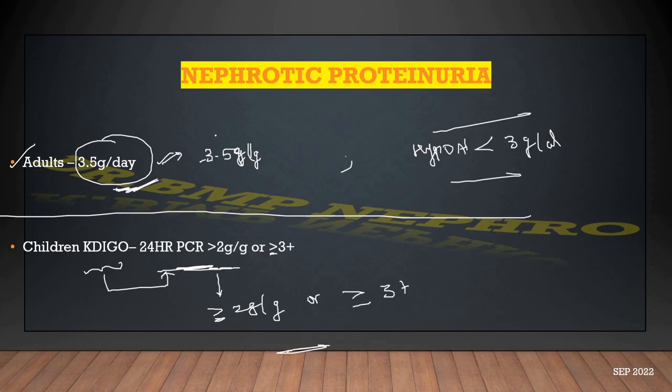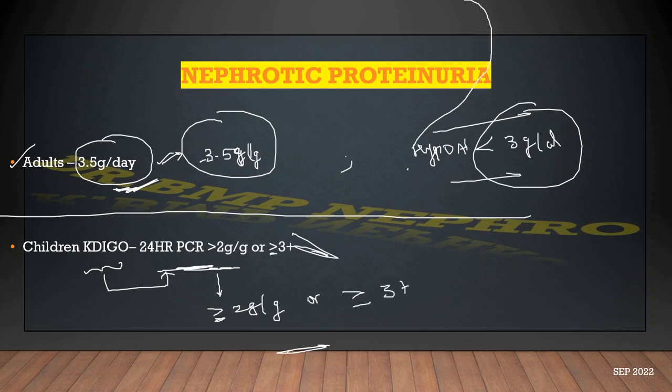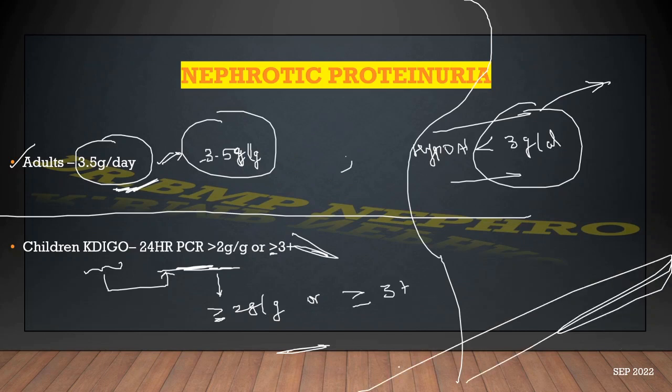So the values to be remembered: for adults, 3.5 gram per day, and hypoalbuminemia, that is less than 3 gram per deciliter of serum albumin. For children, this indicates nephrotic range proteinuria. This is for hypoalbuminemia as a component of the definition of nephrotic syndrome. So this is the proper definition of nephrotic syndrome.